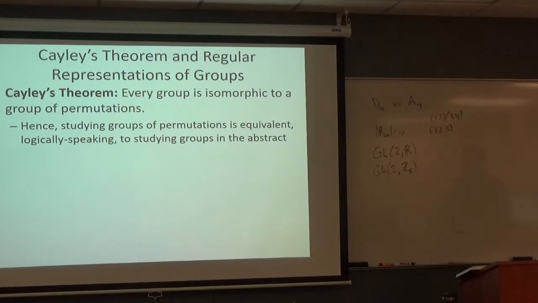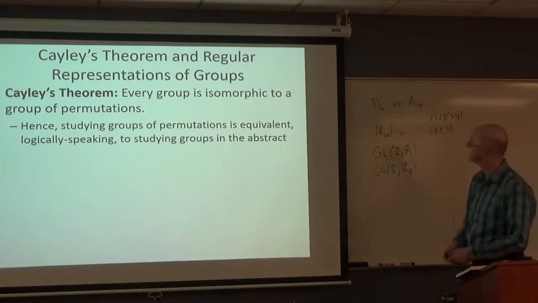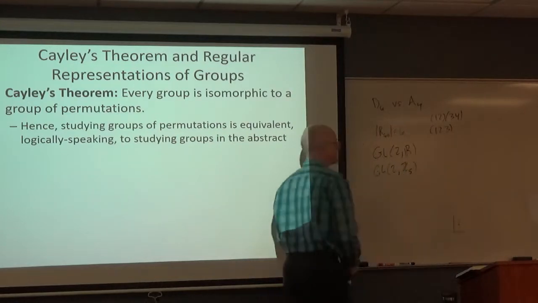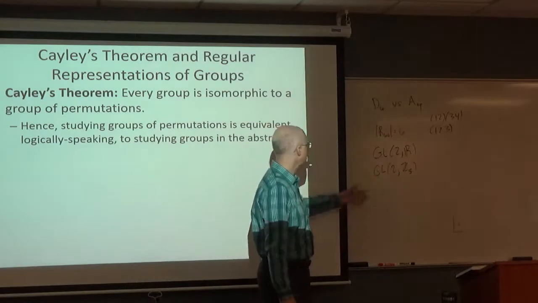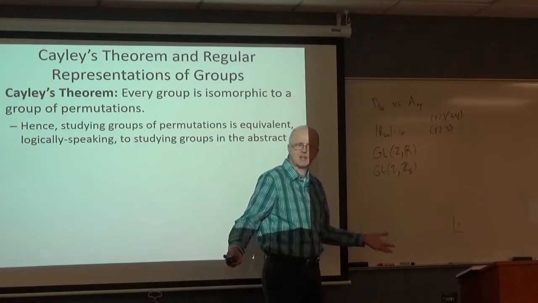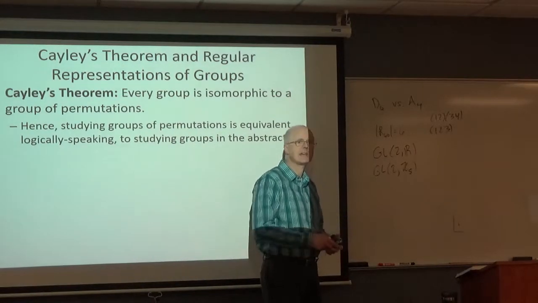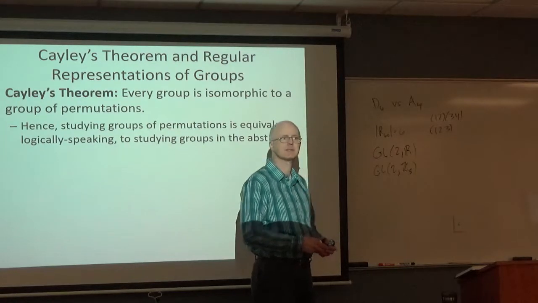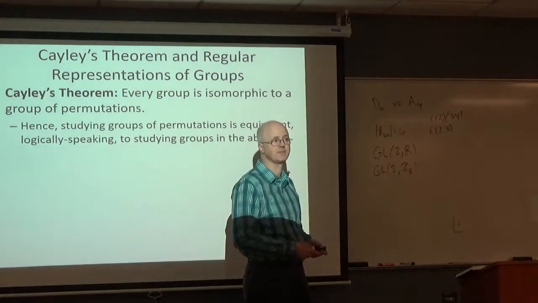And we're thinking of those elements as being actual matrices, and the operation as being matrix multiplication, and all that entails as far as applications, for example, to things in linear algebra. You know, linear algebra's got plenty of applications. So if we were only thinking about groups of permutations, never thinking about other kinds of groups, then we would lose some of the richness again as far as seeing connections between different subjects and seeing possible points of application.